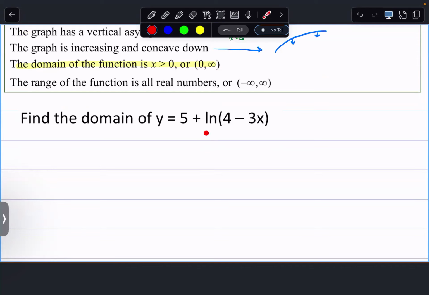Then I look out for even roots. I don't have any even roots. Then I look for logs. Well, I do have a log. Surprise, surprise. Which means that here, 4 minus 3x has to be greater than 0.